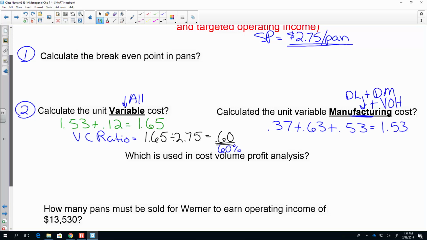If I know my variable cost is 60%, what's my margin percent then? 40, it has to be. If this is 60, my contribution margin percent has to be 40%, can be no other percent. It's the complement of our variable cost ratio, which is 60 in this example.